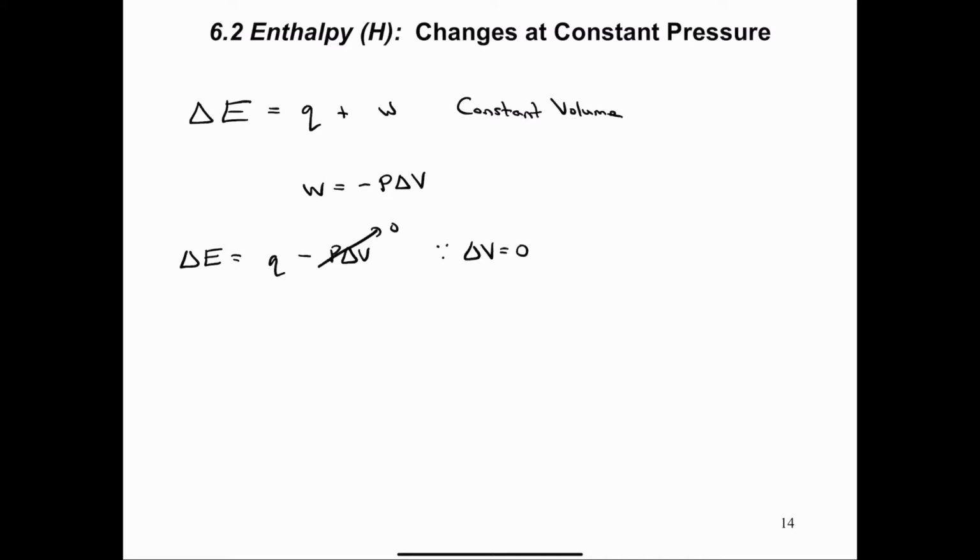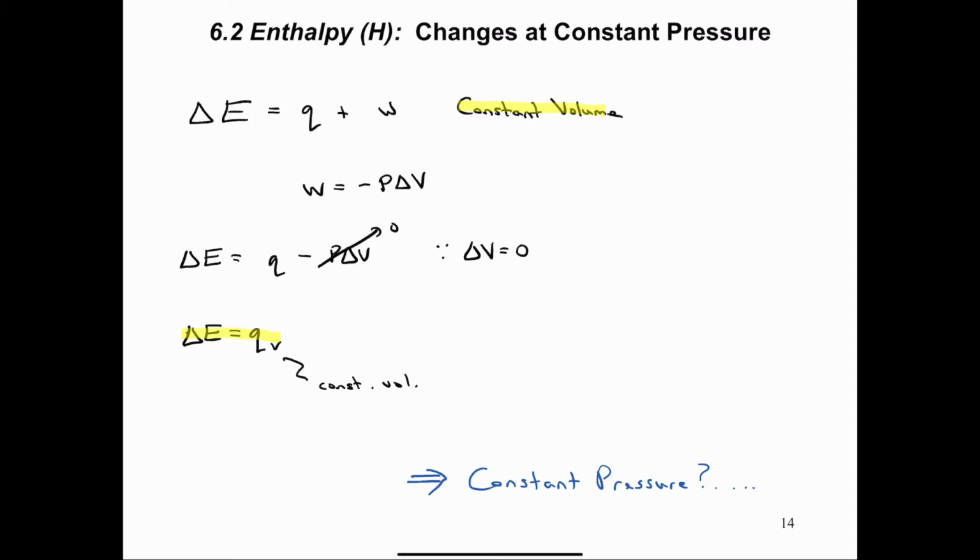And when that term cancels, I get that my delta E is equal to QV. And the V means constant volume. So to reiterate, when I'm doing a reaction at constant volume, my change in energy is simply equal to the heat. But what about reactions that are performed at constant pressure?